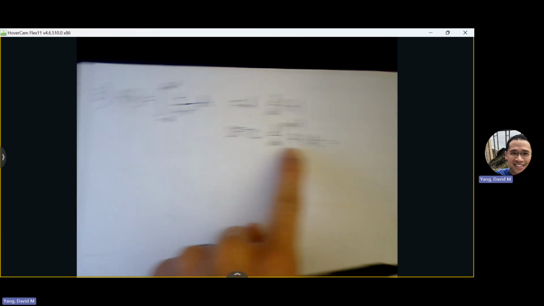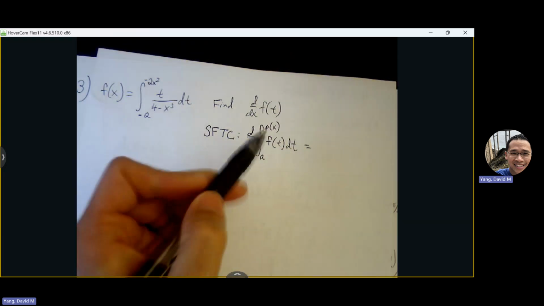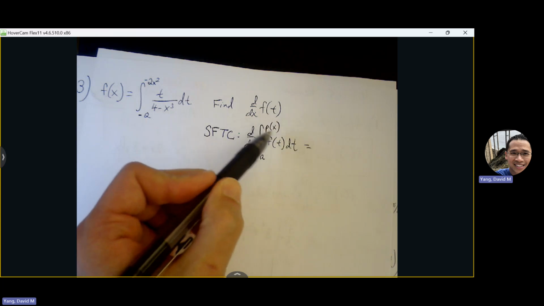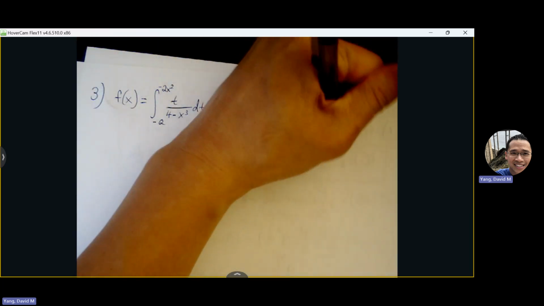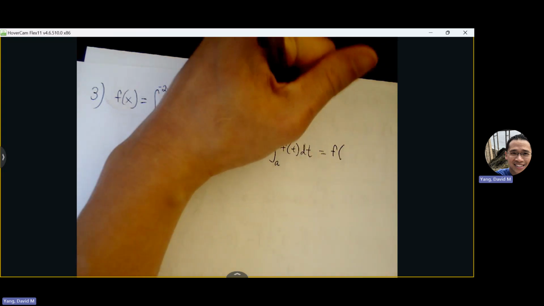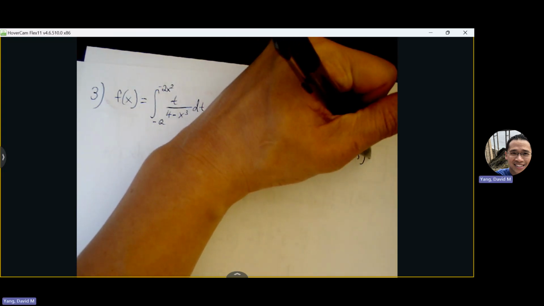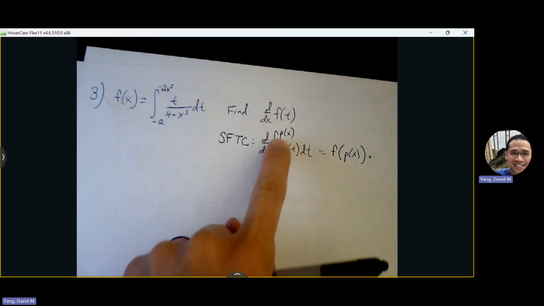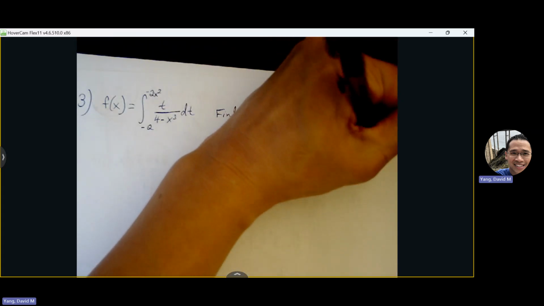A lot of the calculus procedures will take care of themselves, but we do need to keep track of what's going to happen with this upper bound variable. So the shortcut is that the upper bound will get inserted into the variable within the function, times the derivative of the upper bound, so times p prime.